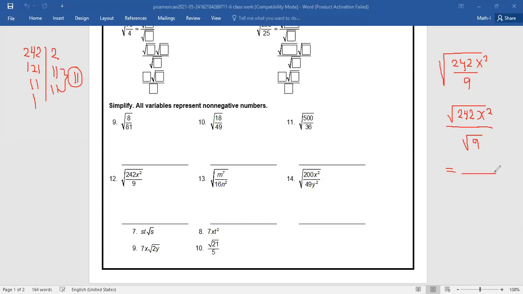That is, 121 times 2, then it will be 11. And don't forget that we have x squared. It will come out as x. Under the radical sign, we have 2. And then square root of 9 will equal 3. Okay? Then you can work with the rest of the questions.